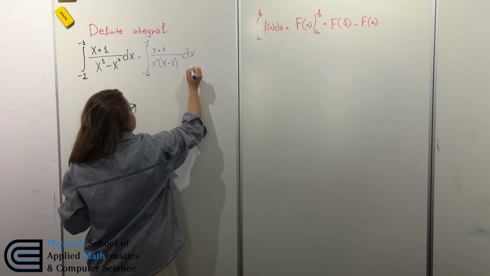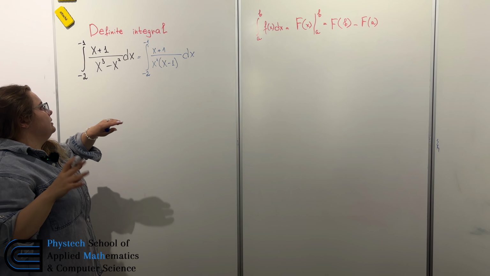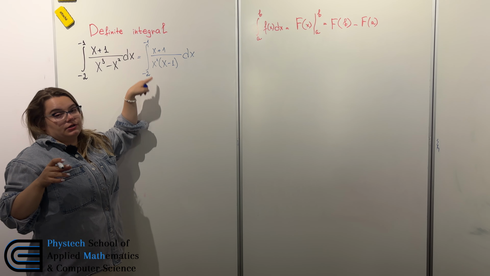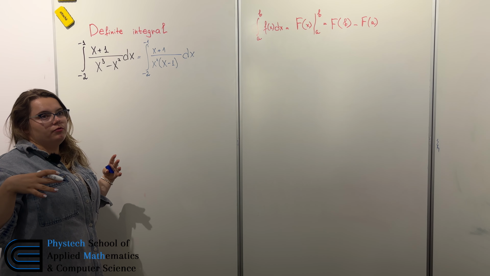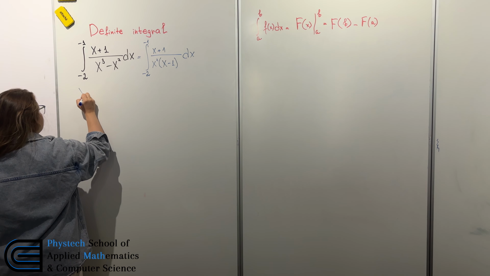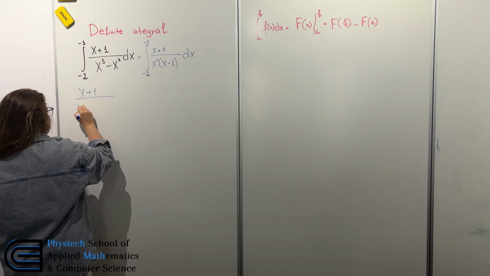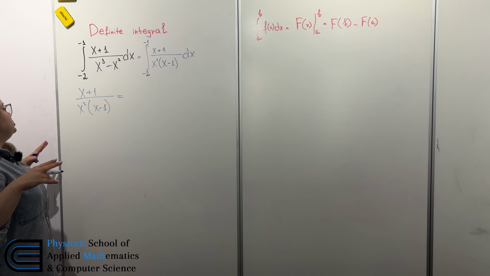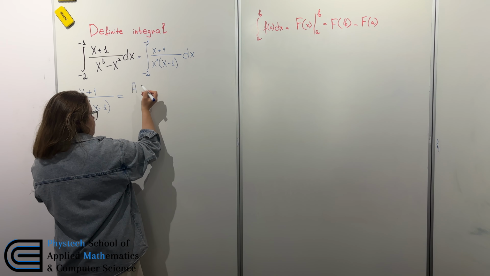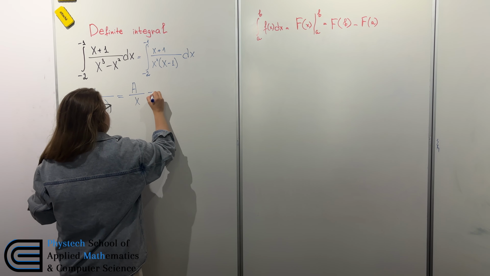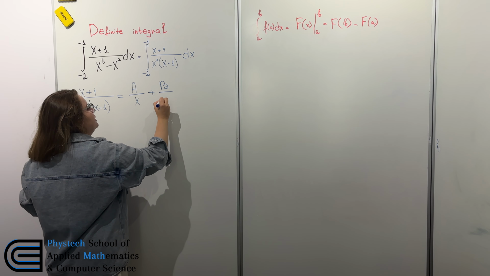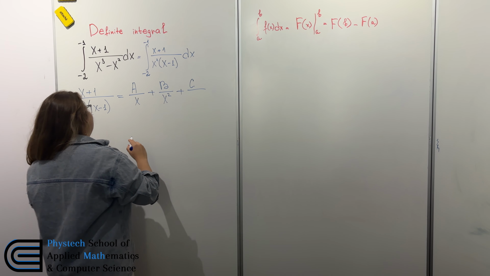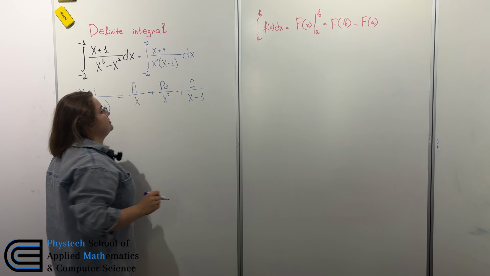1 dx. Then we need to present this fraction as a sum of other fractions. Let's do it. (x plus 1) divided by x squared (x minus 1) will be equal to a, a number, divided by x, plus b, also a number, divided by x squared, plus c, also a number, divided by x minus 1.